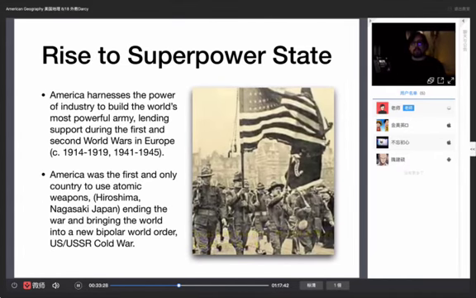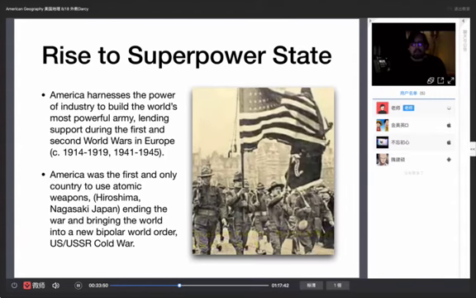And then we just fast forward through history after the Great Civil War. America just grew and developed. It then got involved in the First and Second World Wars, and this put it into its status as a superpower in the world.